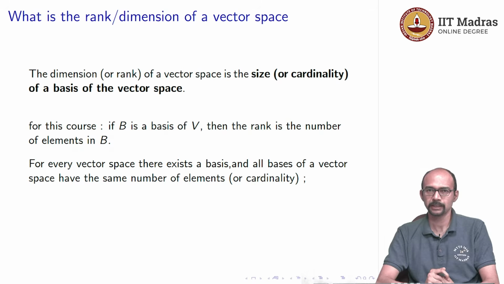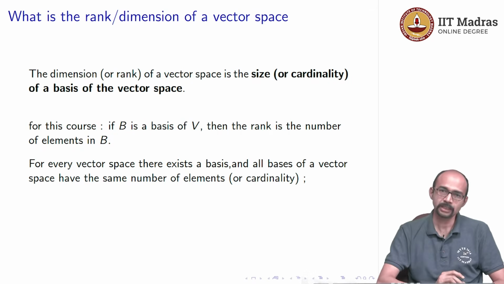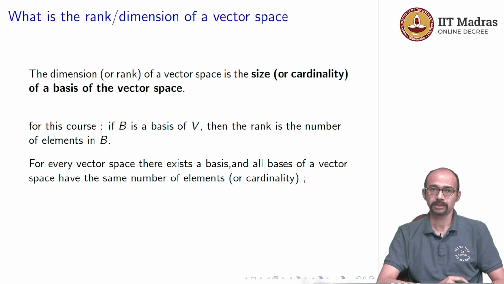Now, of course, you might say that you can use that method, but we had various choices of applying that method. We saw various different bases for a single vector space. How do we know that the different bases have the same size?